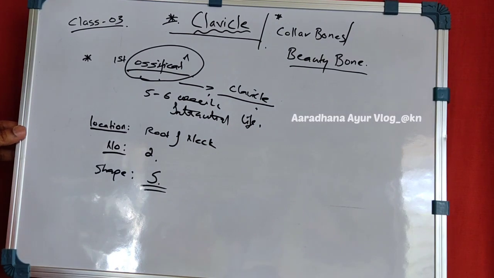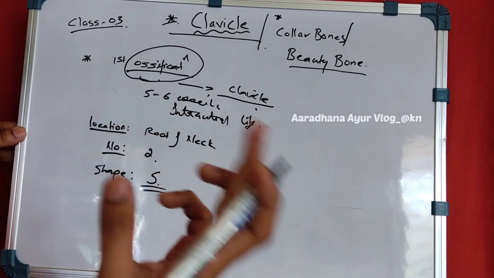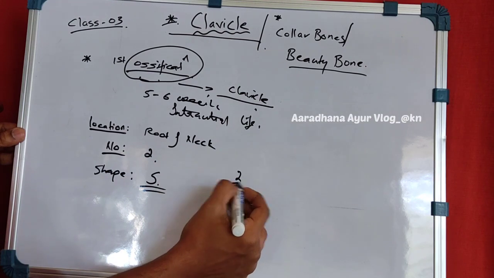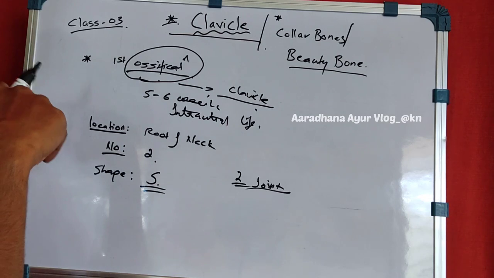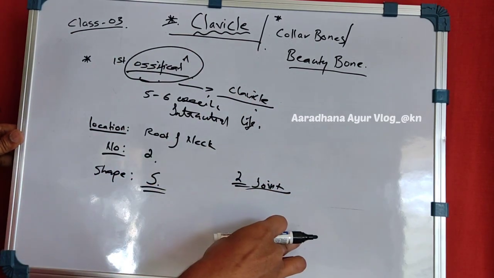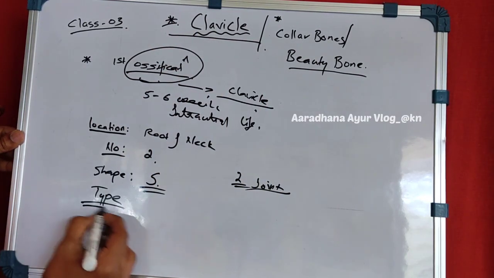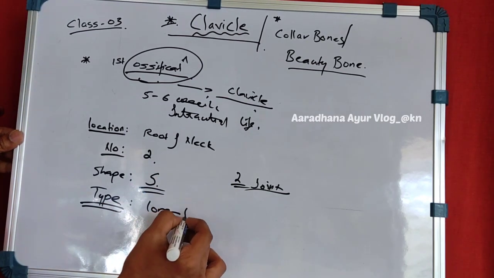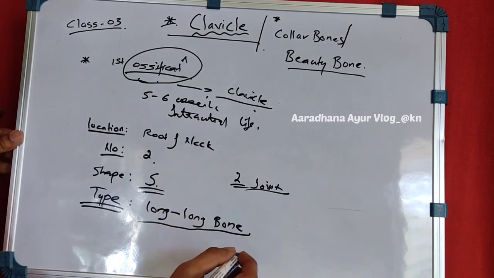It extends from the sternoclavicular joint to the acromioclavicular joint, the two joints it makes. When we see the type of bone, it is a long bone.